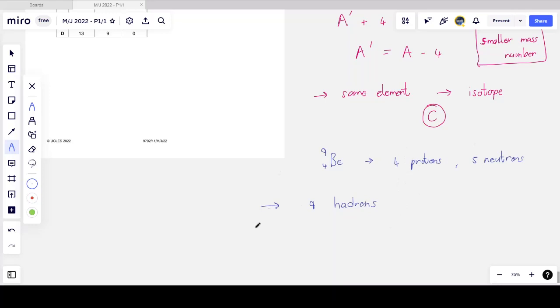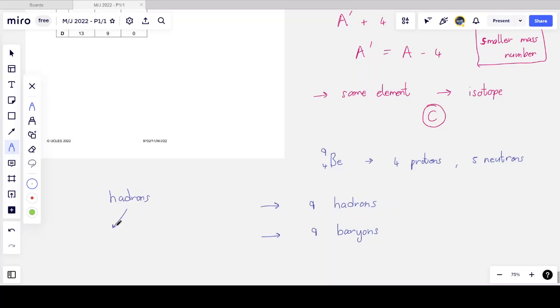Which of these are composed of 3 quarks? Well, protons are composed of 3 quarks and neutrons are composed of 3 quarks. Any particle composed of 3 quarks is called a baryon. And so all of the hadrons are baryons. Remember, baryons are a subset of the hadrons.